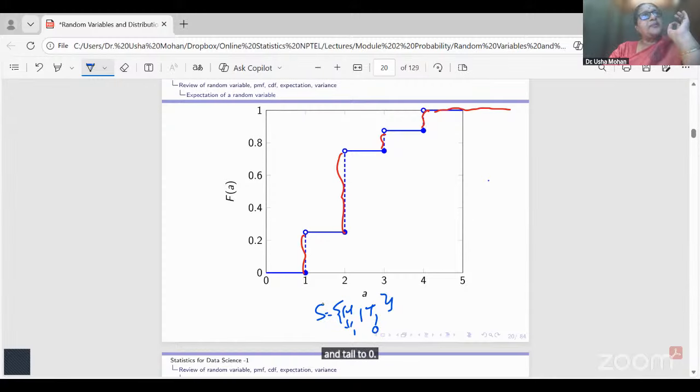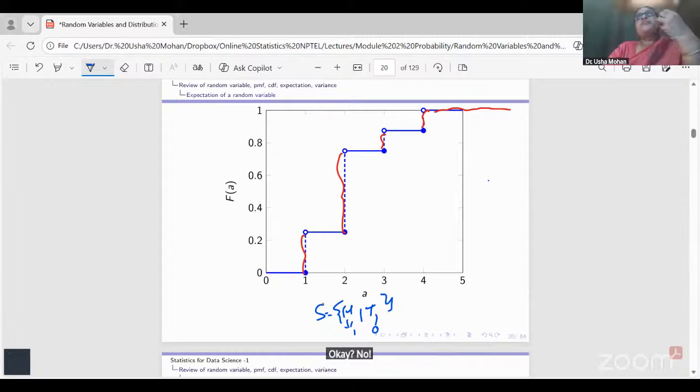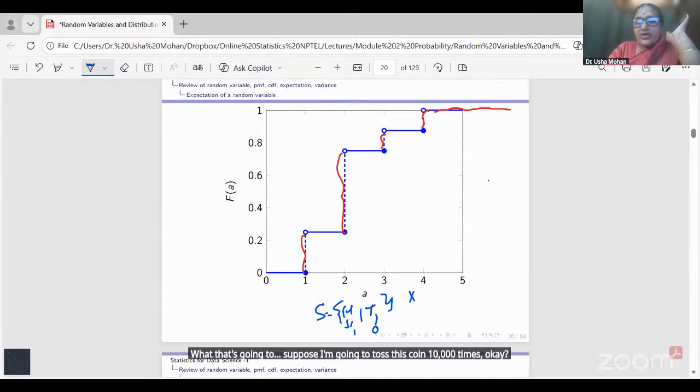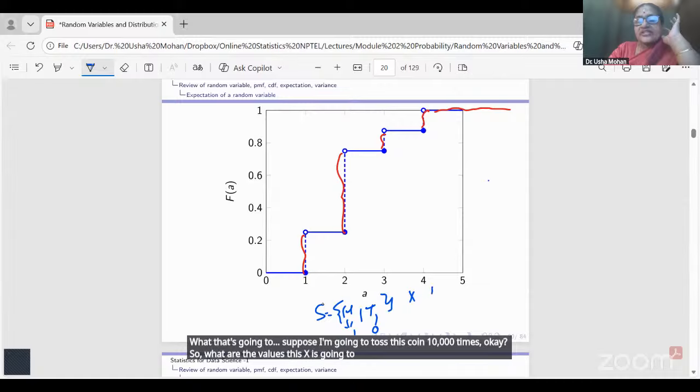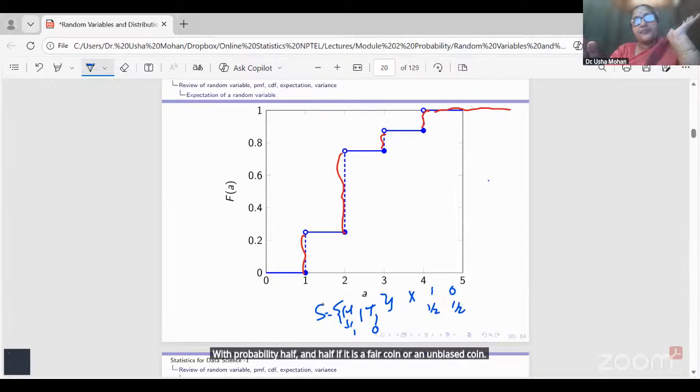Is that clear? Now, suppose I am going to toss this coin 10,000 times. What are the values X is going to take? X takes the value 1 or 0 with probability half and half if it is a fair or unbiased coin. Would you all agree? Yes, ma'am.